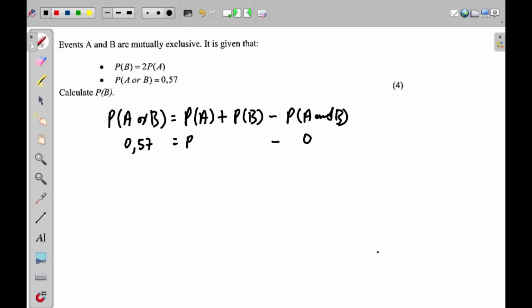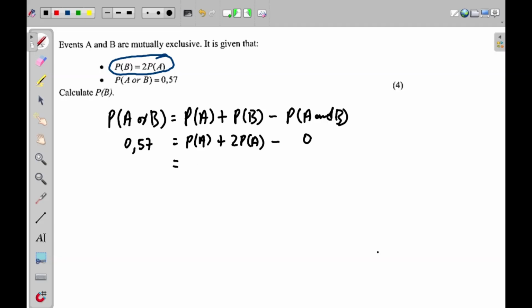We want to calculate the probability of B, right? So I want to try and make it simple so that you don't have fractions. In place of the probability of B, I'm going to use this fact. Watch. They said the probability of B is twice the probability of A. So I'm going to replace P(B) with 2P(A). And we are back to that story of adding up.